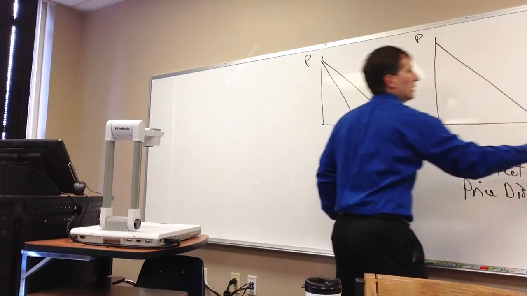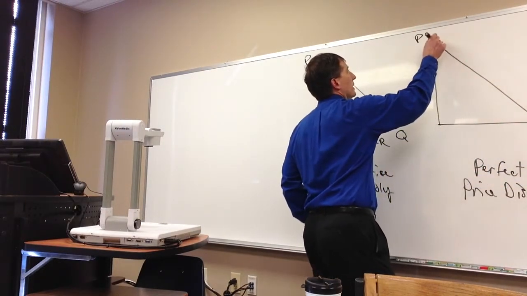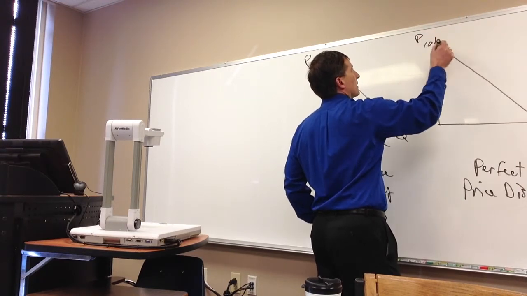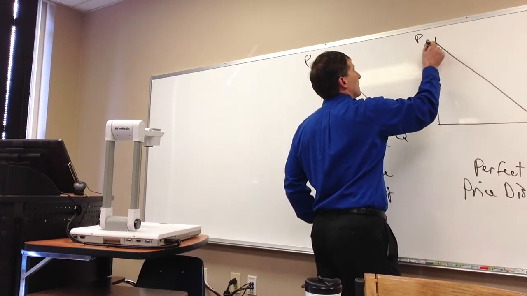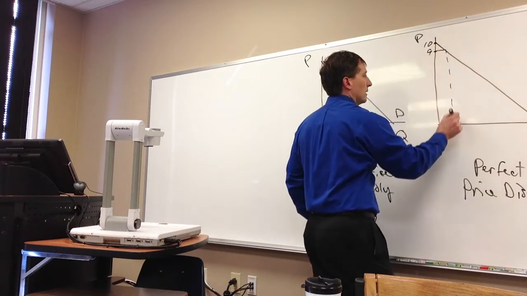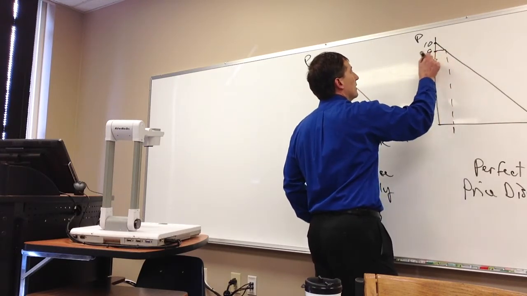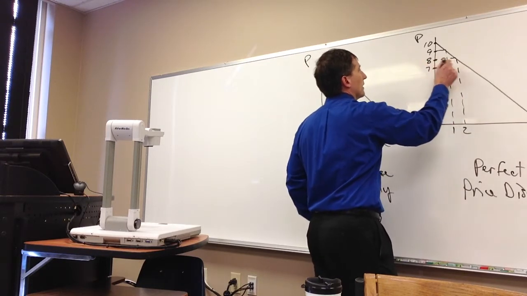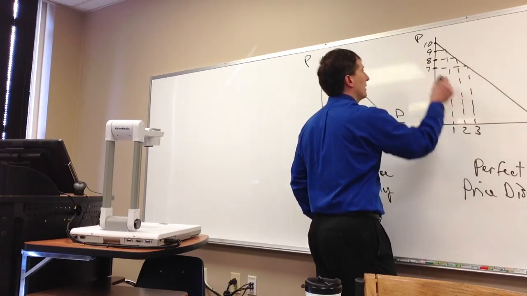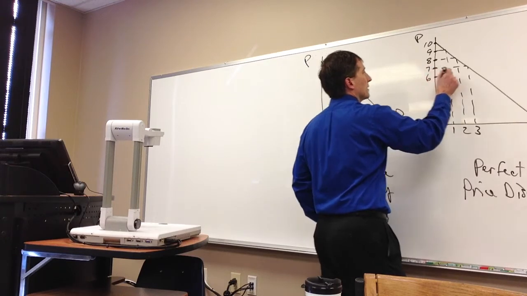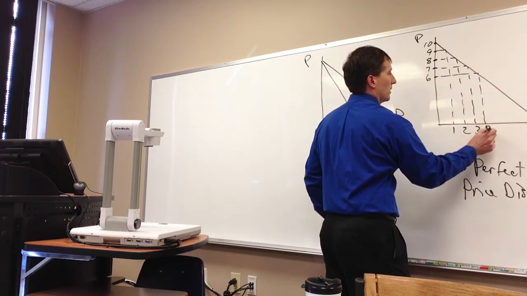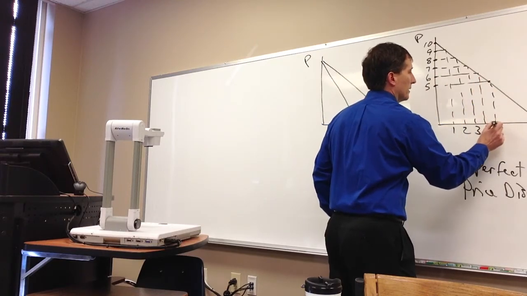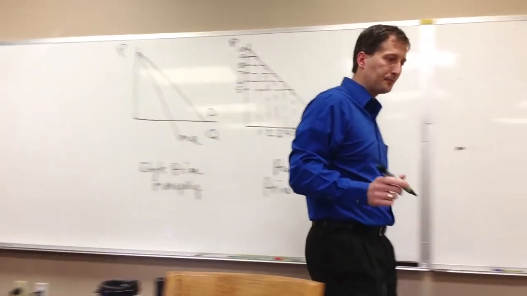So imagine we've got a demand curve here, and let's just go with $10, 9, sell 1 unit, 8, you sell 2, 7, you sell 3, $6, you sell 4, and I'll just stop at 5 here. Draw something that looks like that.